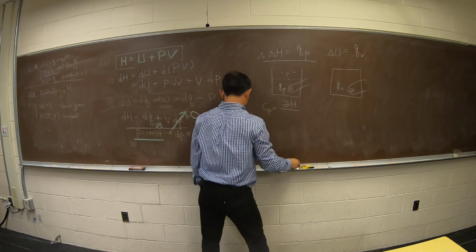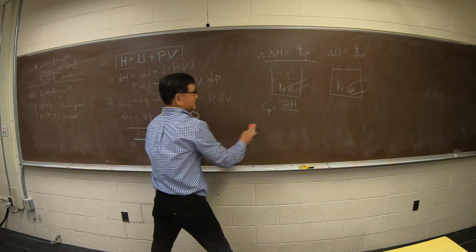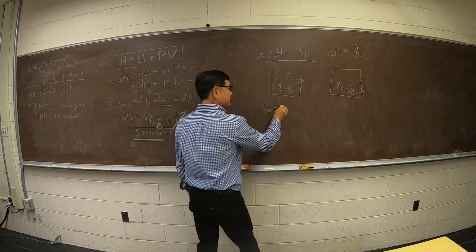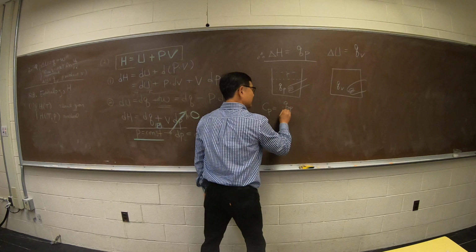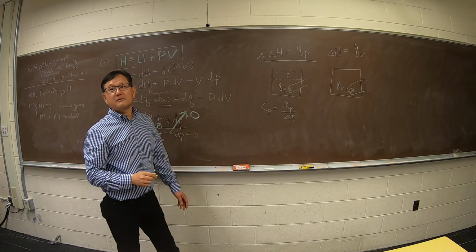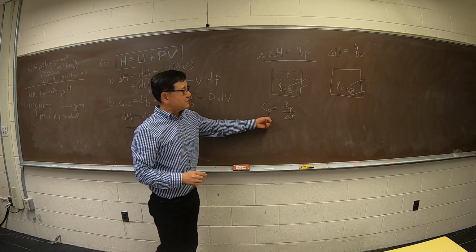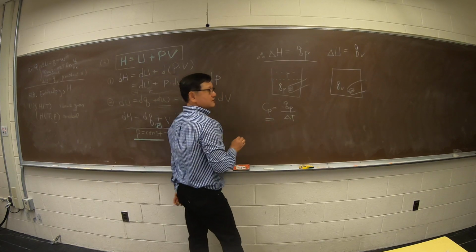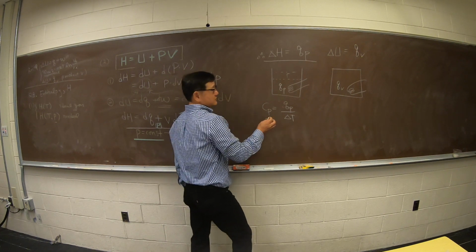Enthalpy change is something I can deal with, something I can measure through QP. Let's say I just measure delta T, and do it a bunch of times. If you do that, you can measure the heat capacity. So this is constant pressure, and this is an experiment that you can measure.